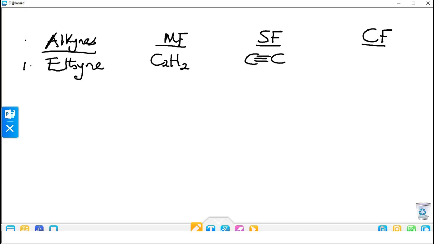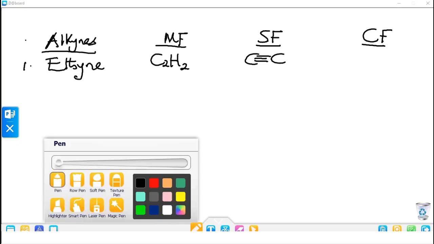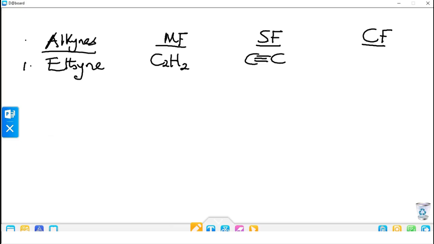Now, carbon 1 and carbon 2 have a triple bond, which means our first carbon is having 3 bonds. Our second carbon is also having 3 bonds. Now, how can we distribute 2 hydrogens between the 2 of them? It is simple. This takes the first hydrogen and this takes the second hydrogen.